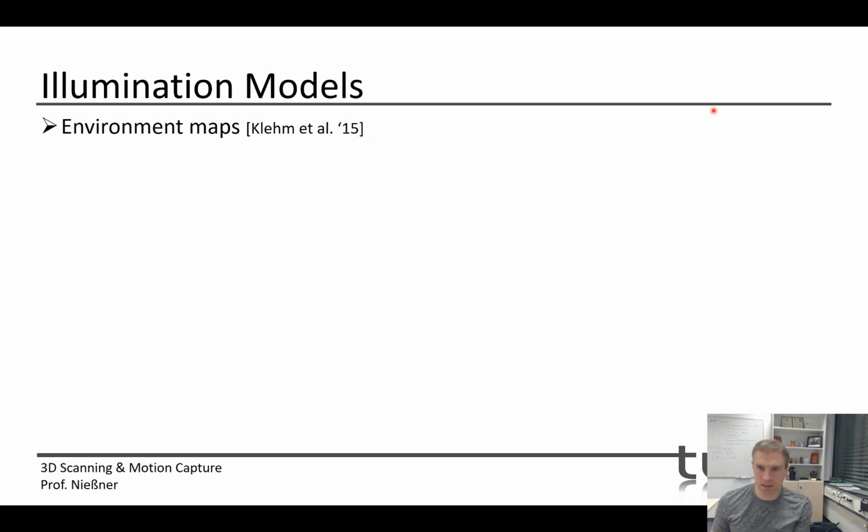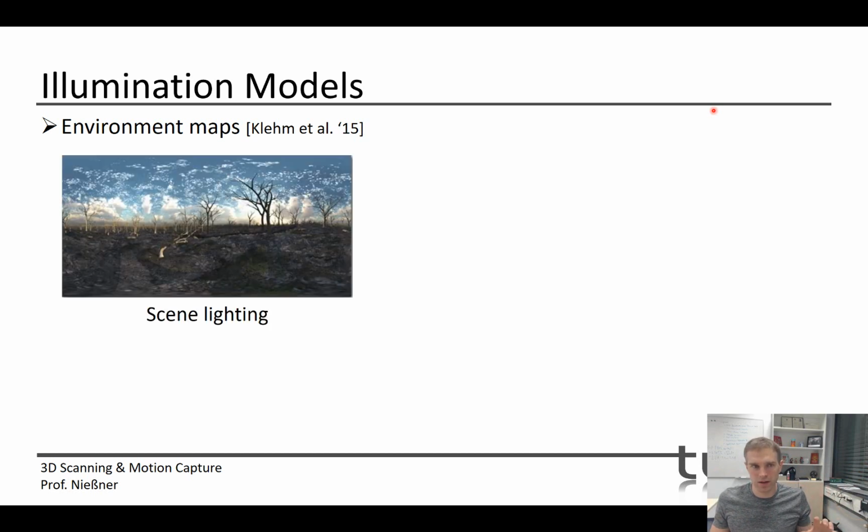Assuming you capture a panorama image of your environment, you treat this panorama image as the incident scene lighting. If I take an image, in a sense, everything that comes to my camera is considered lighting. In this case, this panorama image is an environment map that represents the incident lighting at a certain point, received from the surrounding scene. So that's the scene lighting.